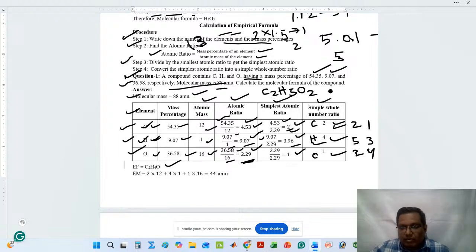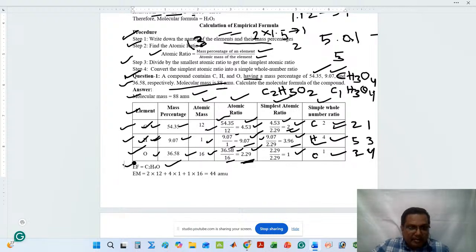The empirical formula is C1 H3, next is O4. That means here I can write simply CH3O4. As per the simple whole number ratio value, I can write the empirical formula.